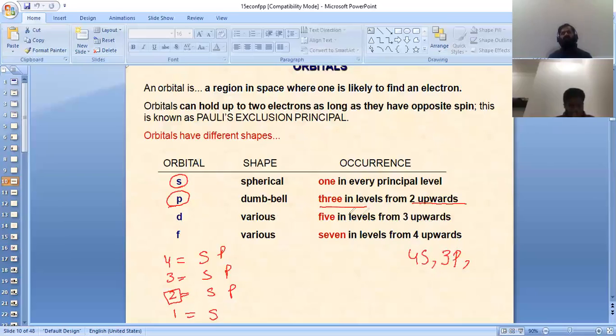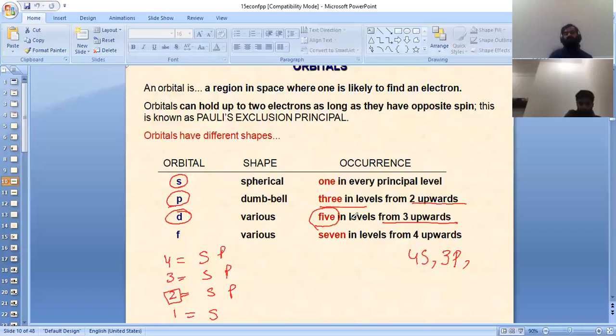And now how many D should be there overall, sir? From the third one upwards, 5Ds. But I don't understand why it's 5. Actually, they will go to the 5th, 6th levels, and accordingly they are telling that the transition metals, whose proton number is quite high, are not possible to accommodate in only 4 orbits.